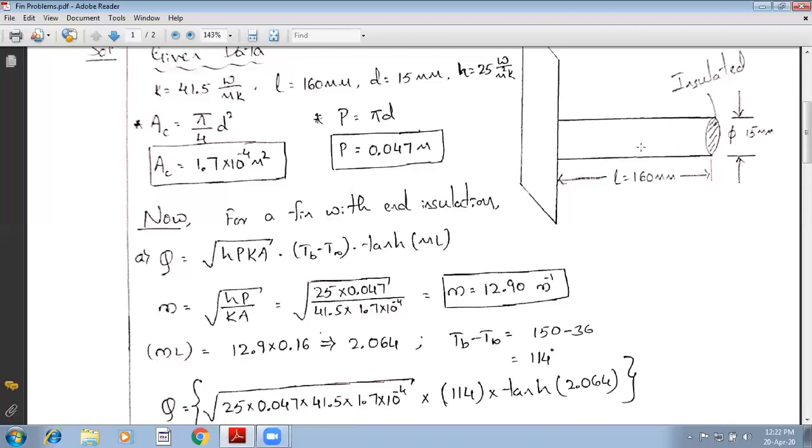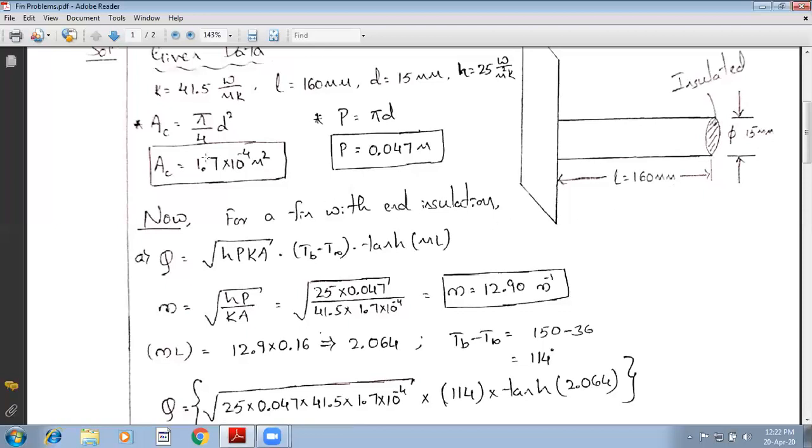Now perpendicular to this heat flow, what is the area? Cross-sectional area. Now area should be pi by 4 d square, where d is the diameter of the fin. Now what is perimeter? Pi times d or 2 pi times r.